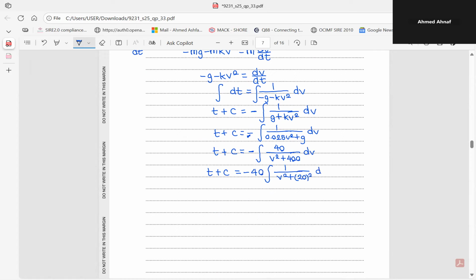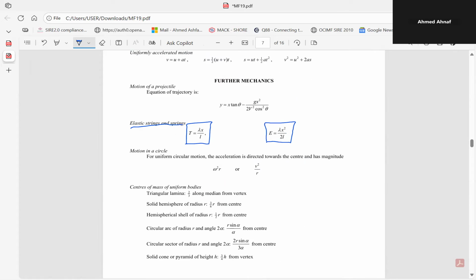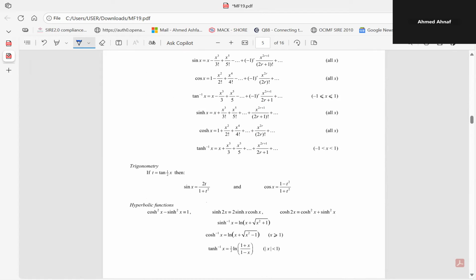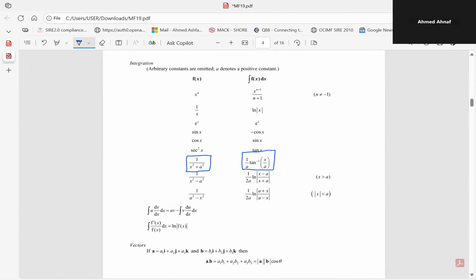The reason we did this is because for any rational function where the denominator is quadratic that you cannot factorize and the numerator is a whole number or a constant, you are going to have to express your integral in this form. I will highlight it right here: 1 over x squared plus a squared. You integrate, you get 1 over a tangent inverse x over a.